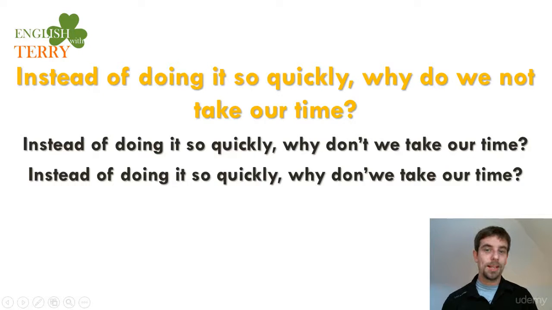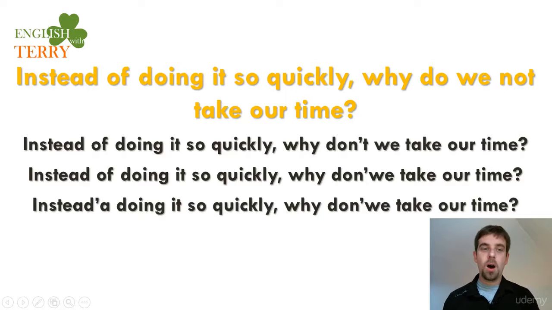Instead of doing it so quickly, why don't? So don't we? Why don't we? Why don't we take our time? And finally, not instead a, but instead of doing it so quickly. Instead of doing it so quickly, why don't we take our time?